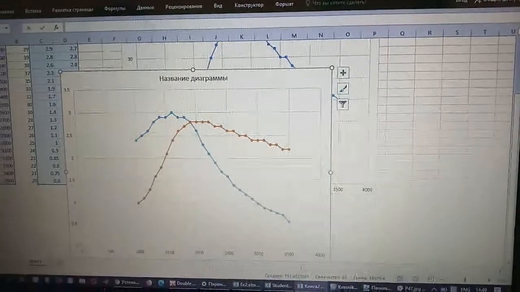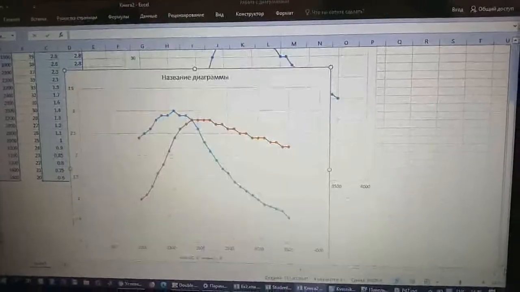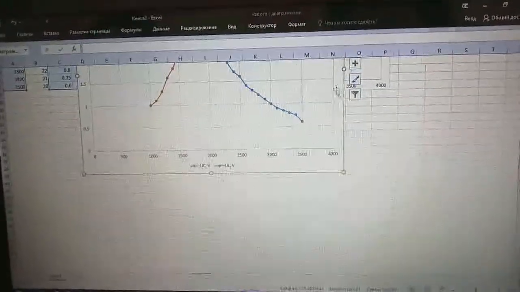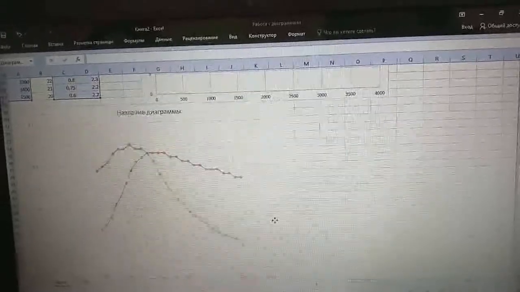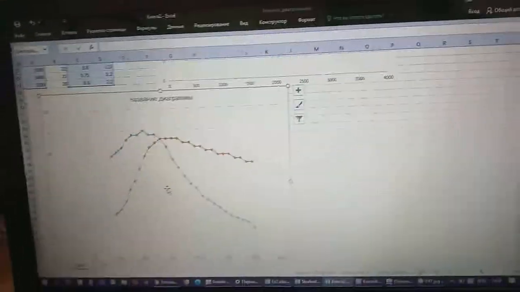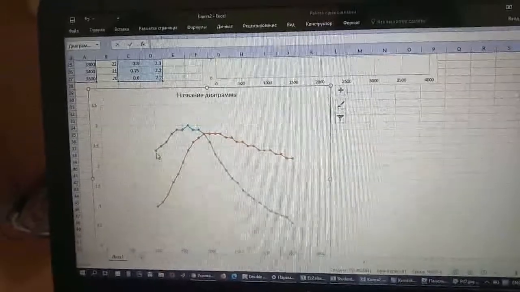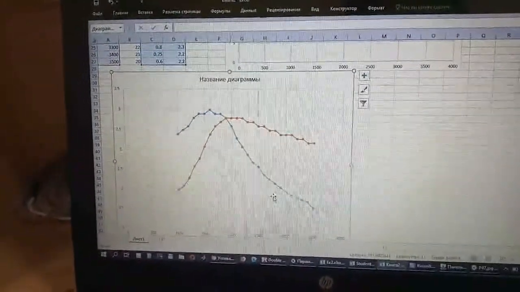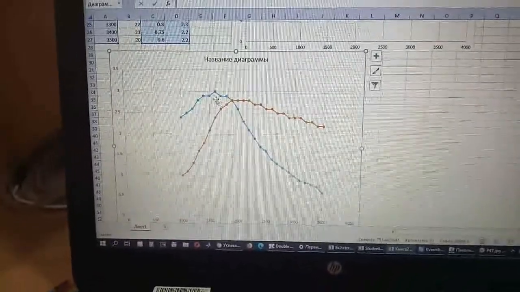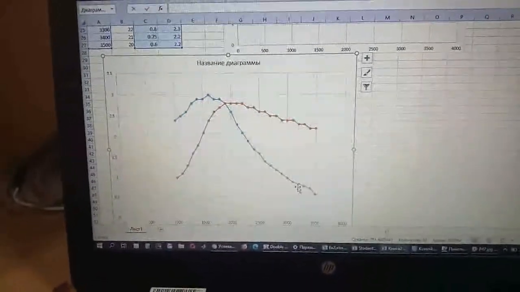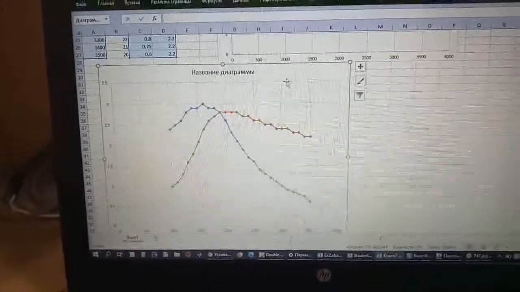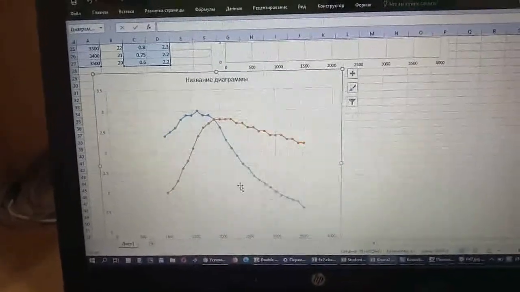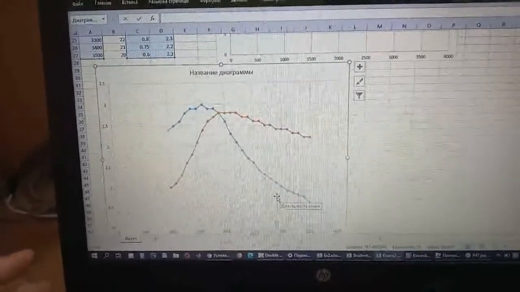I will move it down. So we can see that again the dependence of voltage on frequency has resonance manner, and compared to the resonance on resistor, these two resonances are asymmetrical.